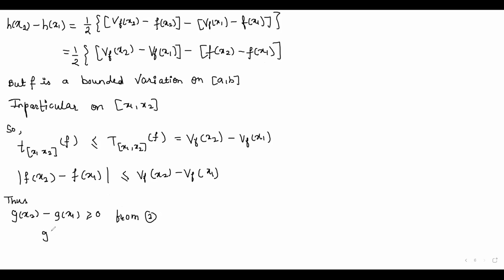So this implies that g of x2 is greater than or equals to g of x1, and this implies that g is a monotonic increasing function. This g is monotonic increasing.